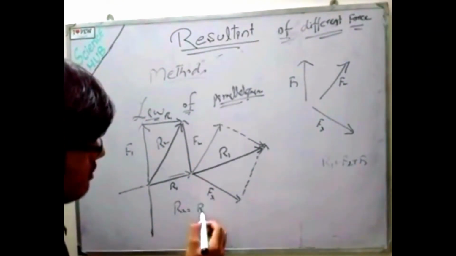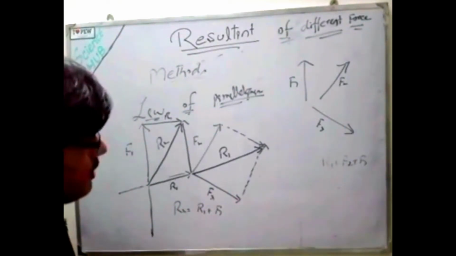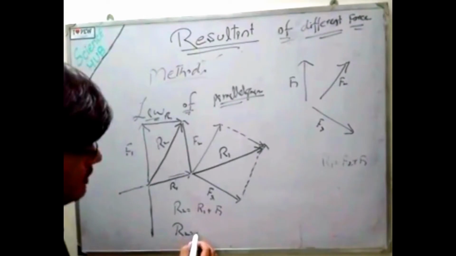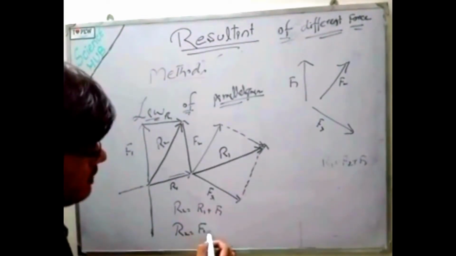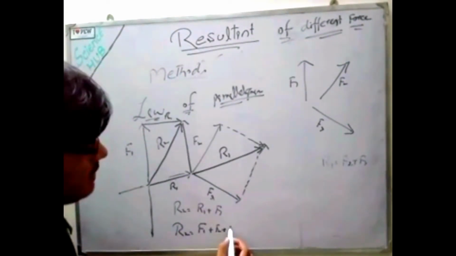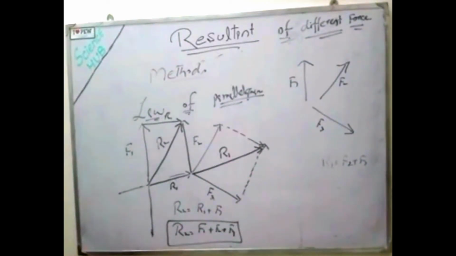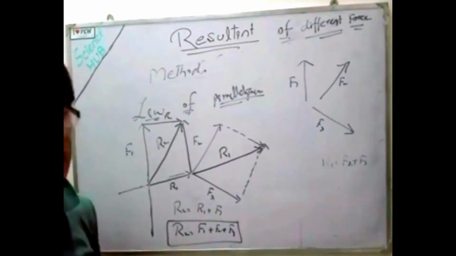So R2, I can say, is equal to R1 plus F1. So now putting the value of R1, you get R2 is equal to F1 plus F2 plus F3.